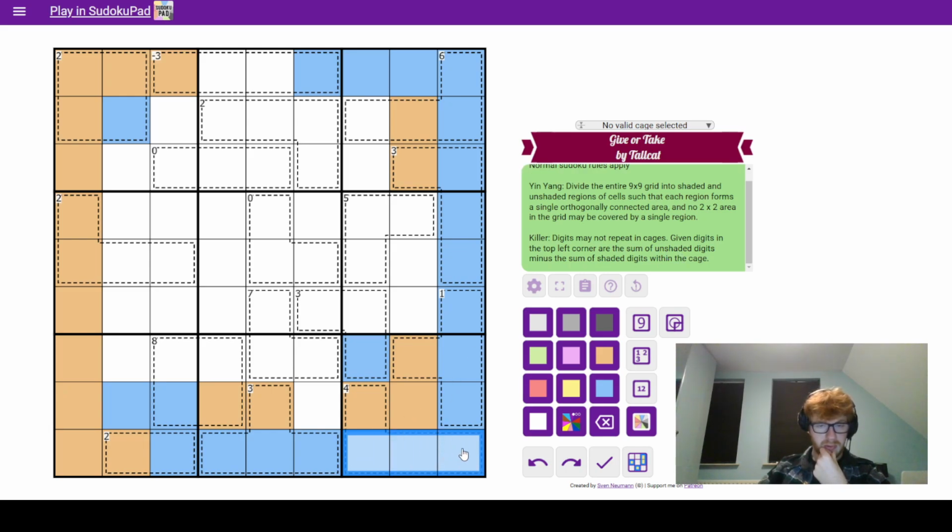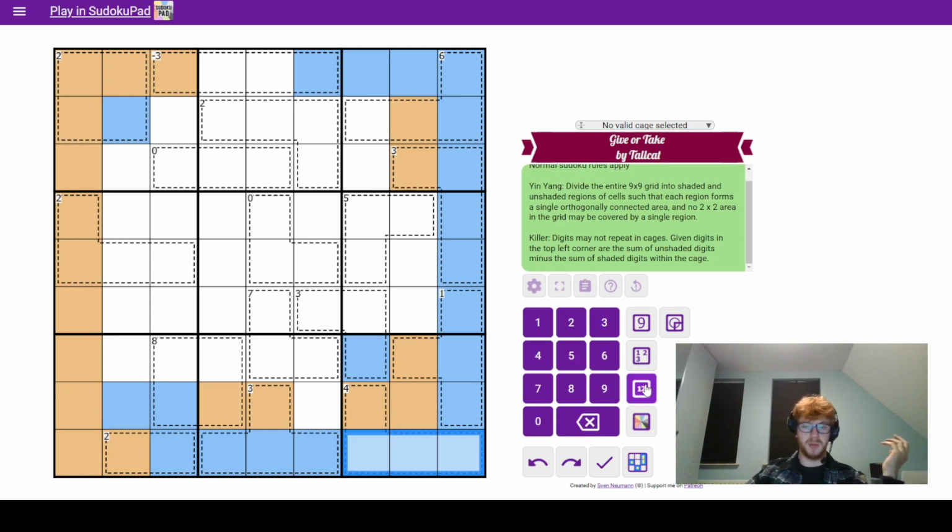Let's say the thing is orange minus blue. Could that ever be true? No, it can't, because let's say orange is 9, then this would have to be 5, and it can't, because the minimum 3 cells can be is 1 plus 2 plus 3, which is 6.